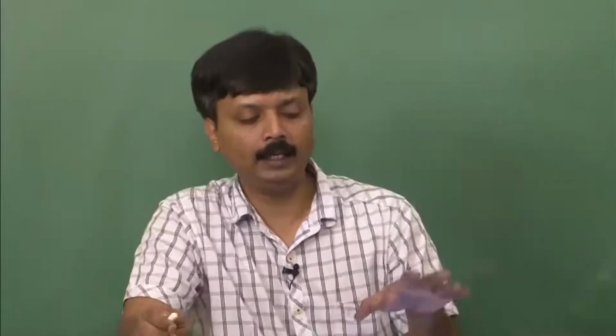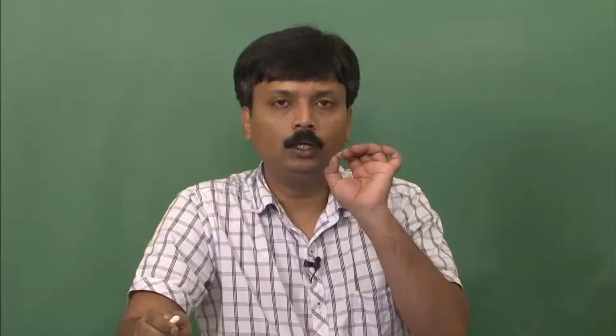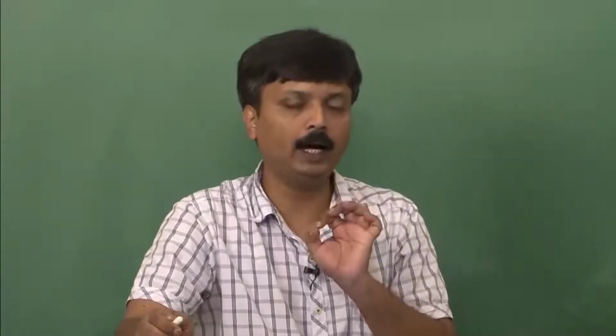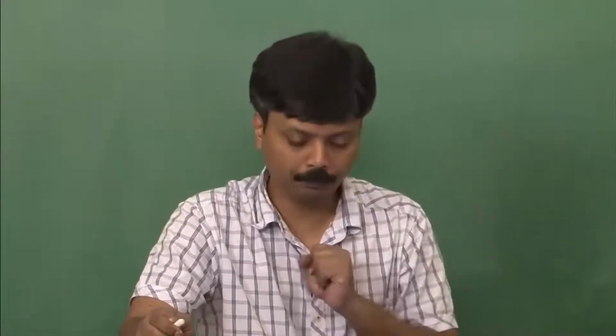So I can think of this f_A times f_B to be the direct product of two irreducible representations, right? If the result of the direct product gives you the totally symmetric IR, then only this integral will survive. Otherwise, if it is not symmetric, then this integral over all the coordinates will vanish, right? That is well understood.